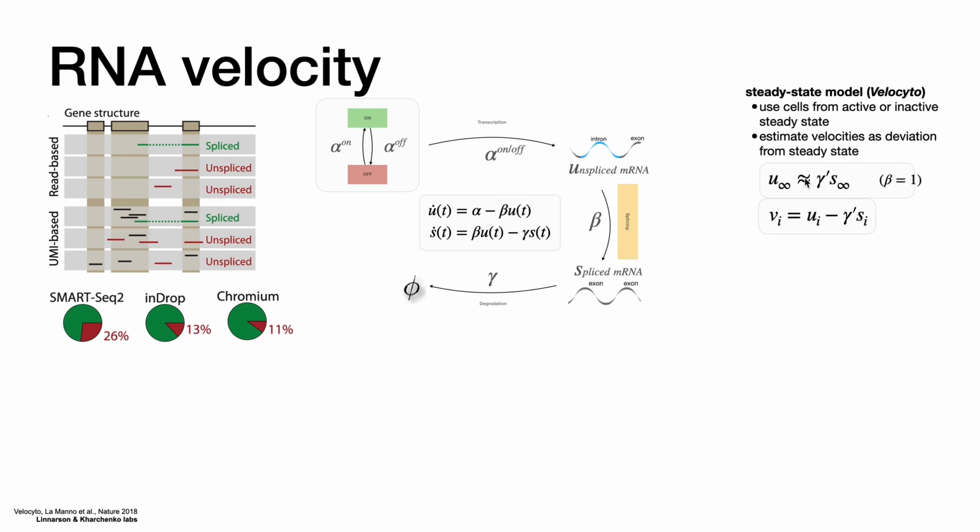Anything that deviates from the steady state is a so-called velocity. So we define the velocity of a gene by the number of unspliced reads minus the degradation rate times the number of spliced reads.